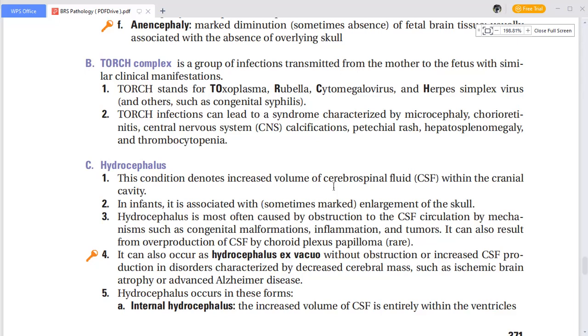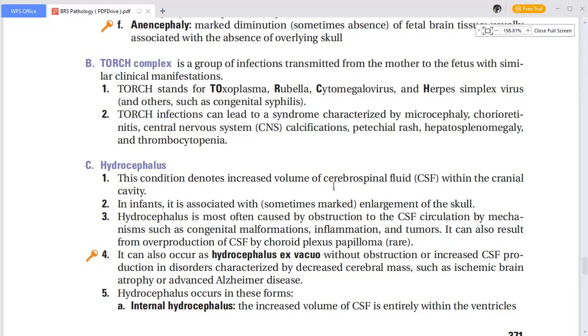Now when that CSF is formed, it moves from there through the interventricular foramen, also called the foramen of Monro, into the third ventricle. A little percentage of CSF is also produced in the third ventricle.